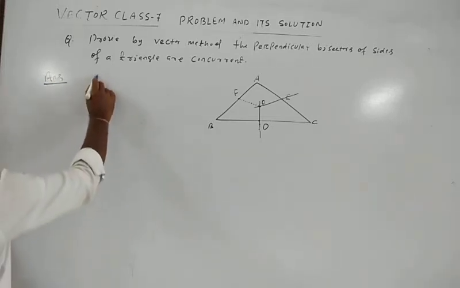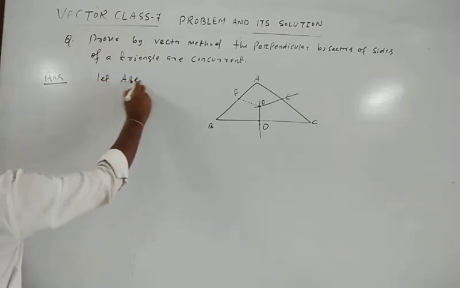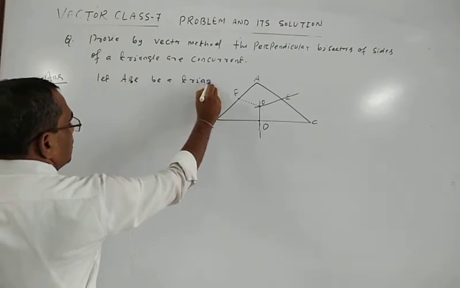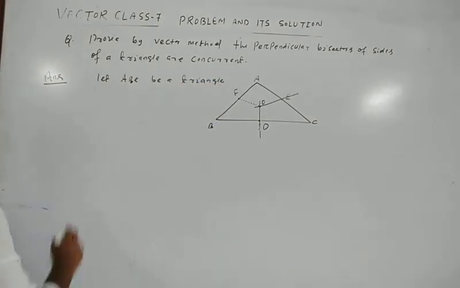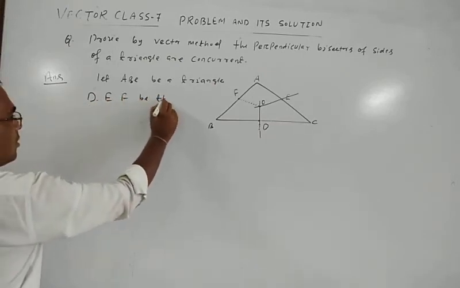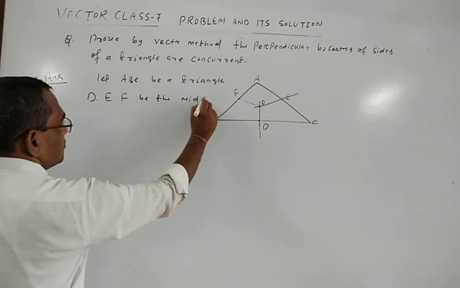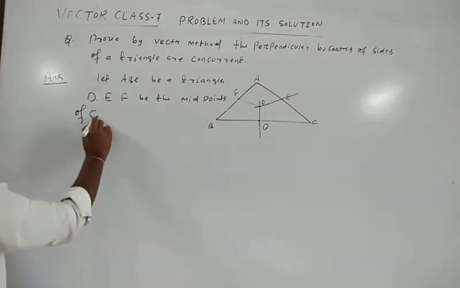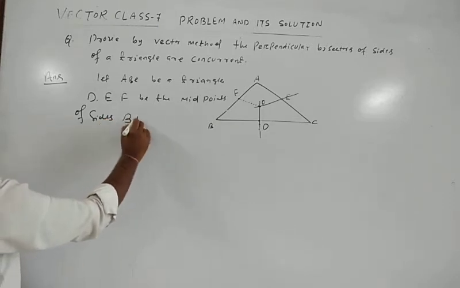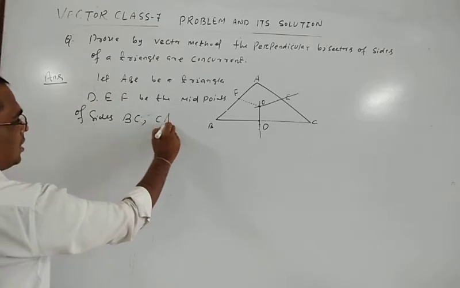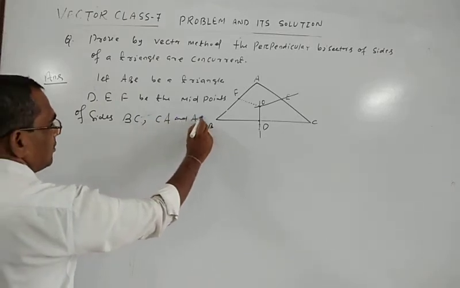Answer. Let ABC be a triangle, and D, E, F be the midpoints of sides BC, CA and AB.